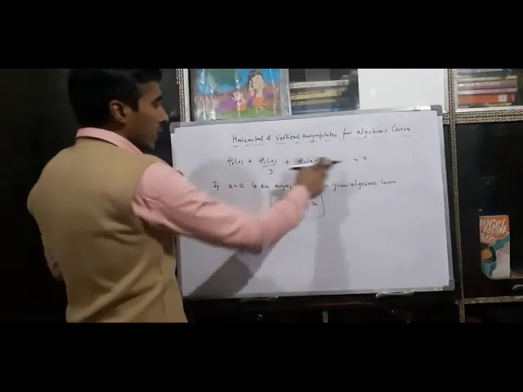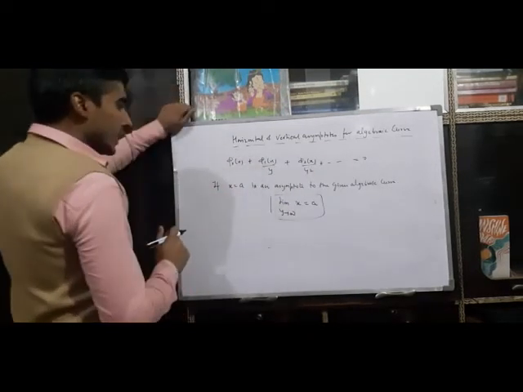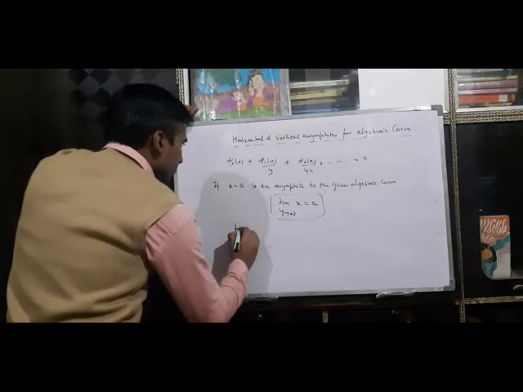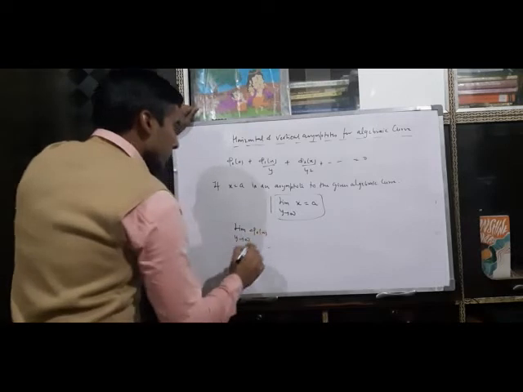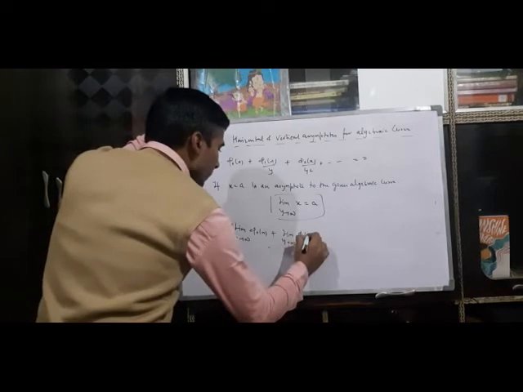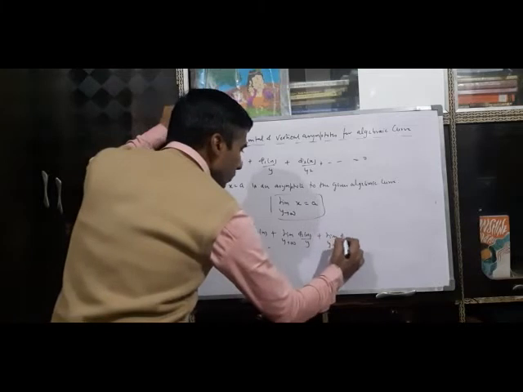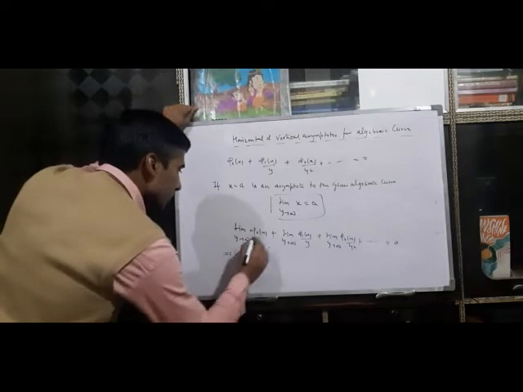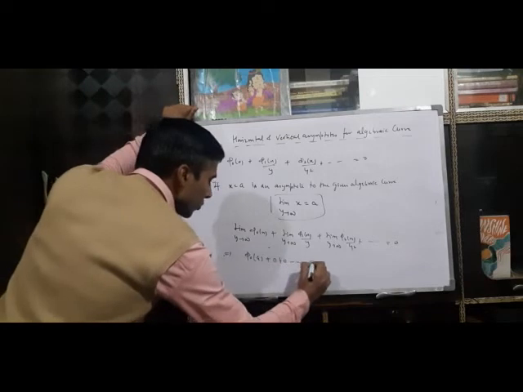So if we take the limit y tends to infinity on both sides of this equation, we get limit y tends to infinity phi naught x plus limit y tends to infinity phi 1 x y plus limit y tends to infinity phi 2 x y square, and so on, equal to 0, and that gives phi naught a plus 0 plus 0, and so on, equal to 0.